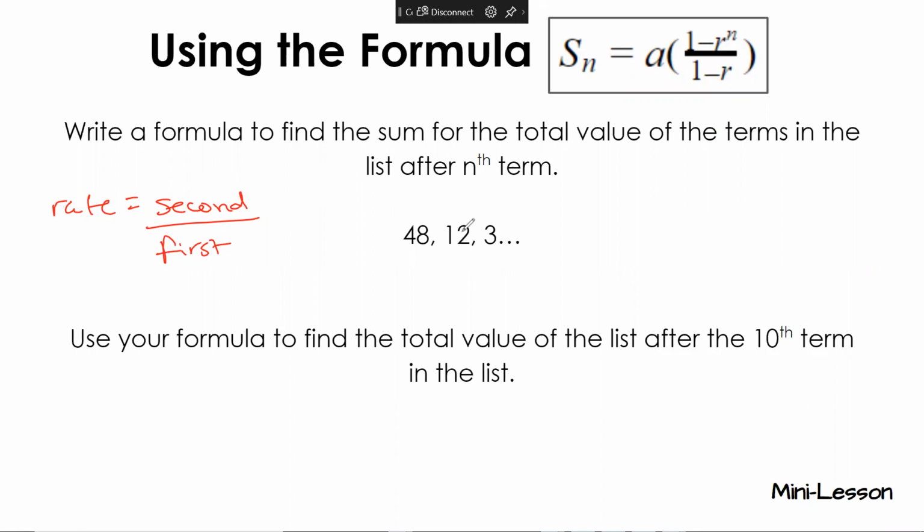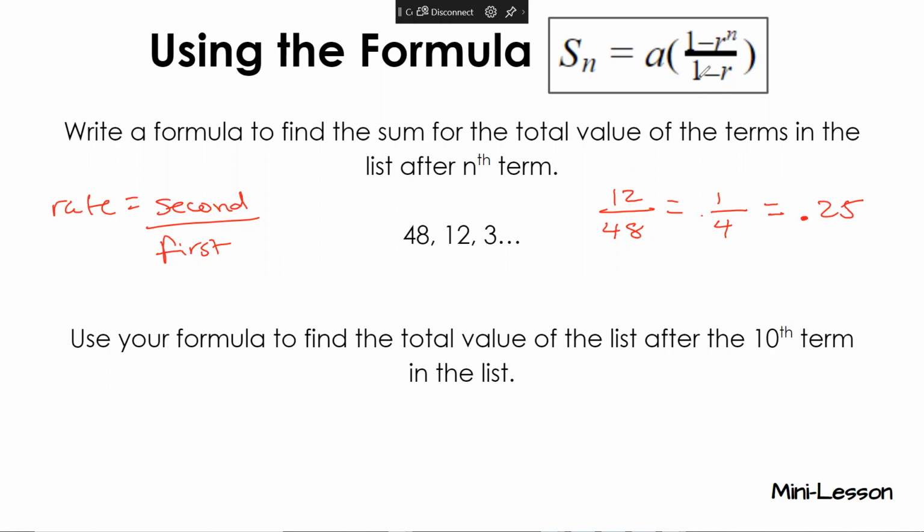So in this instance, we have 12 divided by 48. We can divide the top by 12 and the bottom by 12, which gives 1/4. So our rate is 0.25, because 1/4 in decimal form is 0.25.